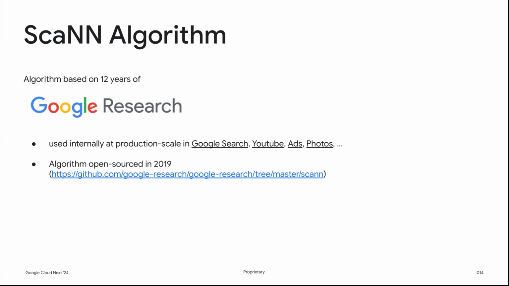It is an algorithm based on 12 years of Google research, and actually you have used it because it is the algorithm behind popular sites like Google Search, YouTube, Photos, and also the ads internally at Google. The algorithm has been open sourced in 2019 as a main memory operating library, and this, of course, happened much before we integrated to AlloyDB.